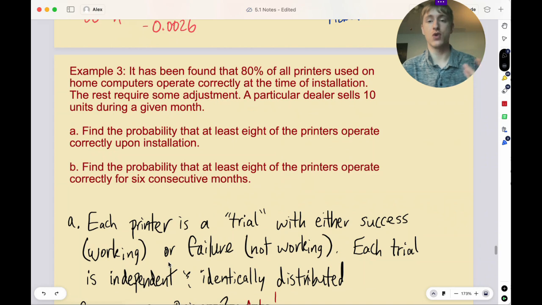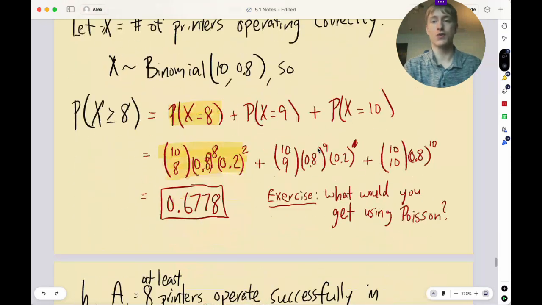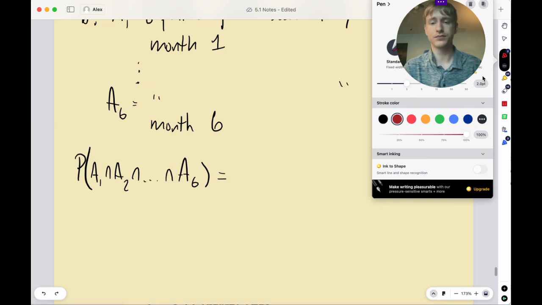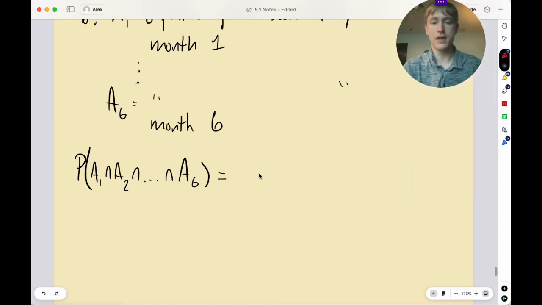The probability is just going to be 80%, overall. That's kind of a universal probability for this question. So if he sells 10 units in a given month, we can assume that those are all independent. And with independent events, the probability of an intersection is the product of the probabilities.